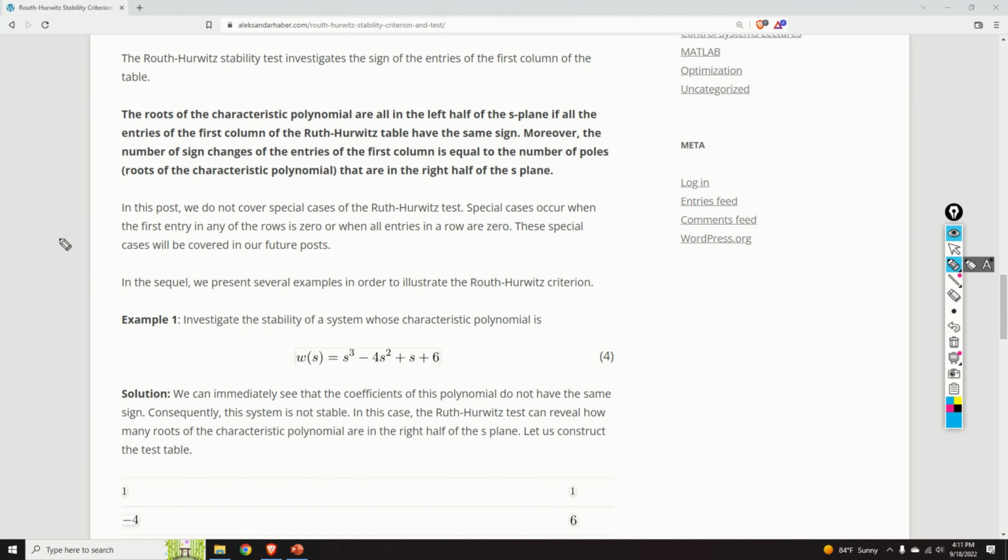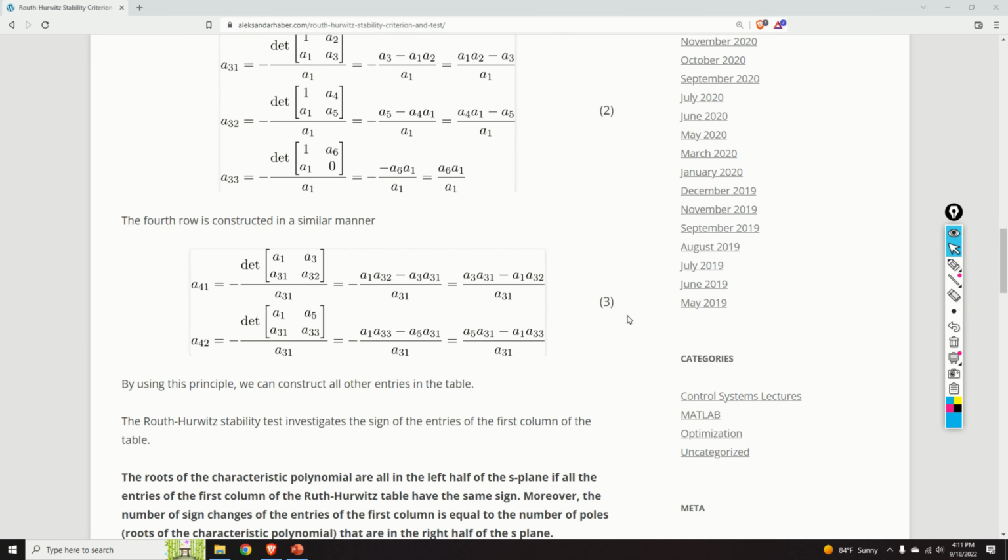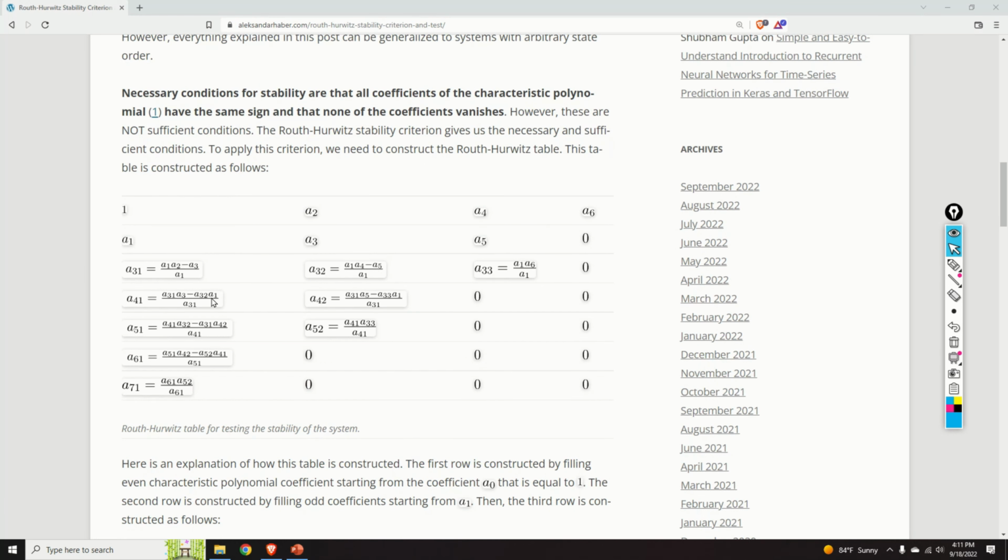For brevity and clarity of this video lecture, we don't cover special cases of the Routh-Hurwitz test. Special cases occur when the first entry in any of the rows is 0 or when all entries in a row are 0. And in order to illustrate this situation that can sometimes actually happen, let us imagine that this coefficient over here is 0. That is, that A31 is 0.